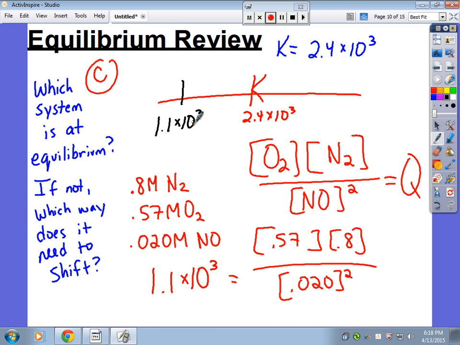It's smaller than my value for K. So that tells me, what do I have? What lives on that side of my reaction? I have way more reactants. And my reactants are not done reacting yet. They need to shift to the right until the value of K is reached. And so is this at equilibrium? No, it is not. So the reaction needs to shift to the right to reach equilibrium.